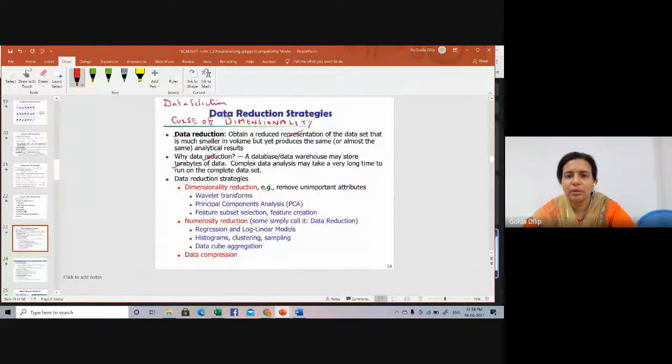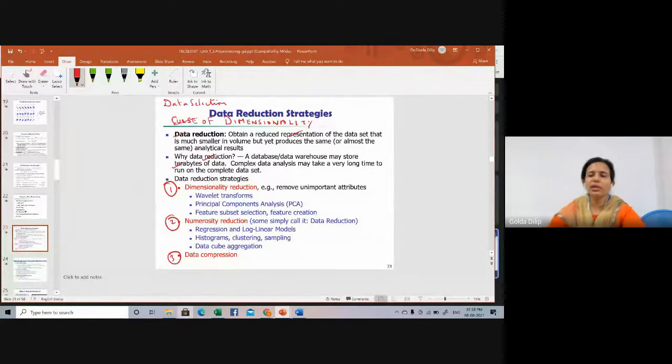Dimensionality reduction. These are the various data reduction strategies; I'll explain in the next slide. We have dimensionality reduction, numerosity reduction, and data compression. These are the three major taxonomies given for data reduction. The first one is dimensionality reduction, please make a note of it.